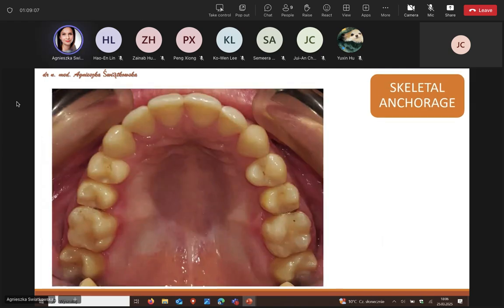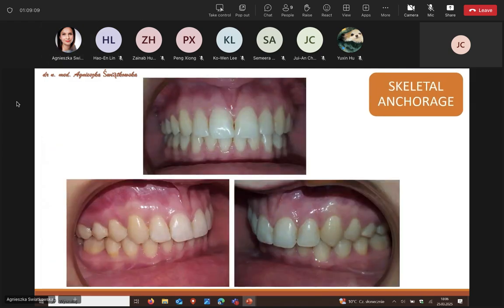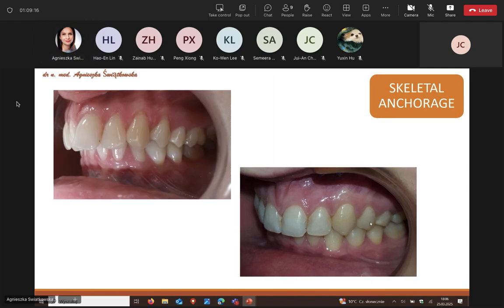But what happened when we finished? We have beautiful gingiva here. It was only orthodontic treatment. I didn't ask the patient to go to the periodontologist, so the patient didn't need this kind of treatment.